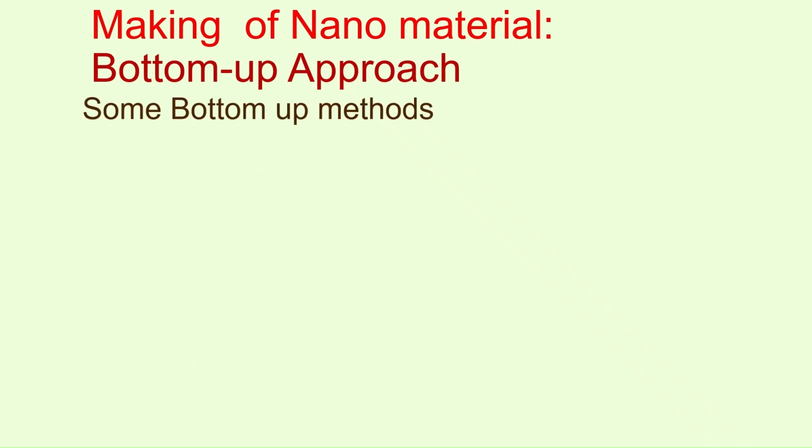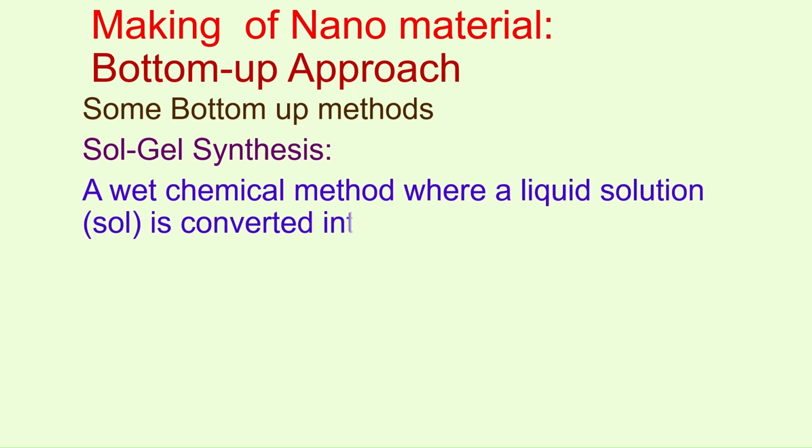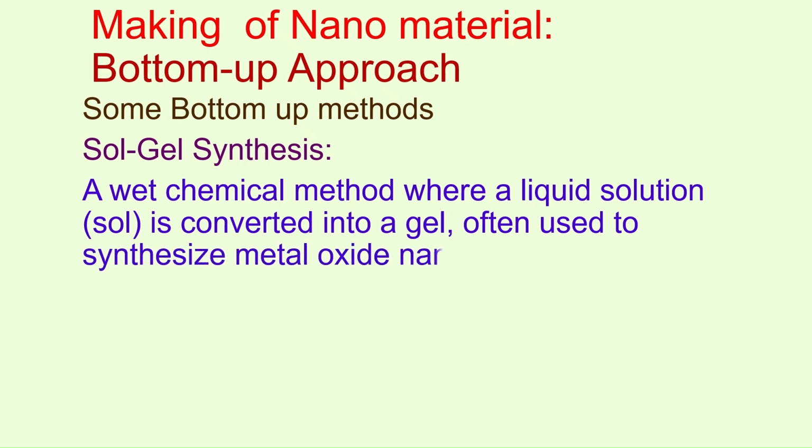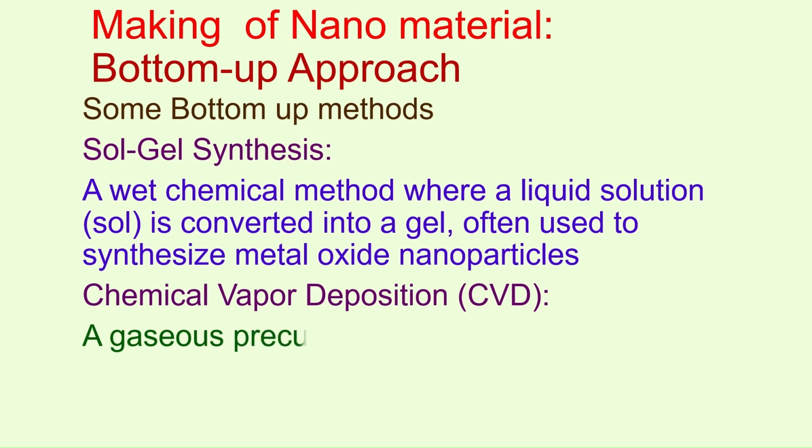Bottom-up approach. Some bottom-up methods are sol-gel synthesis, a wet chemical method where a liquid solution, sol, is converted into a gel, often used to synthesize metal oxide nanoparticles. Chemical vapor deposition, CVD.